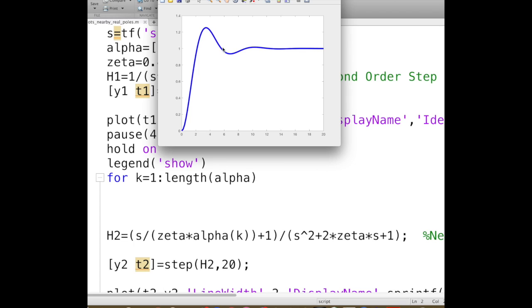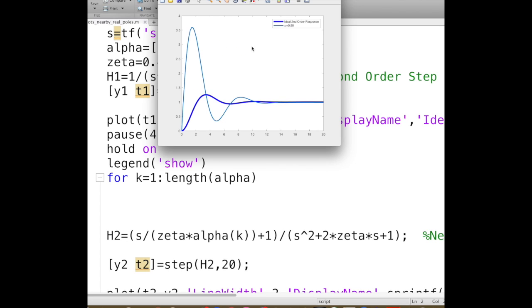There's our natural, our ideal second order response. You see, if I have a zero that's at 0.5, I get a lot of overshoot, just a tremendous amount of overshoot. That effect is less and less as I move the zero further and further out into the left half plane.